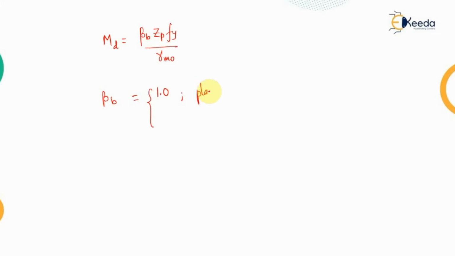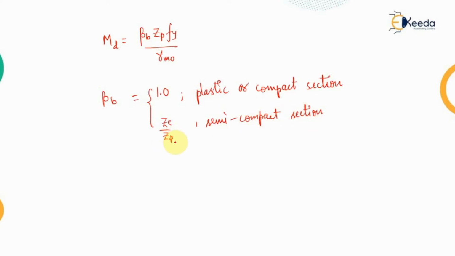If the section is classified as a plastic or compact section, then the value will be taken as equal to 1.0, and if it is a semi-compact section, then this value will be taken as equal to the Ze by Zp ratio. Now Ze and Zp are the elastic section modulus and the plastic section modulus respectively.